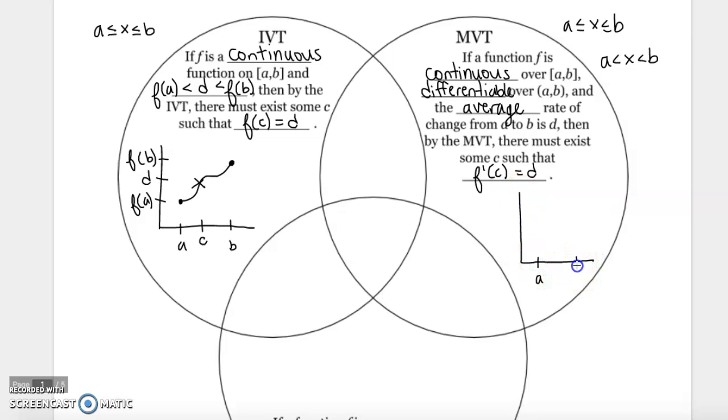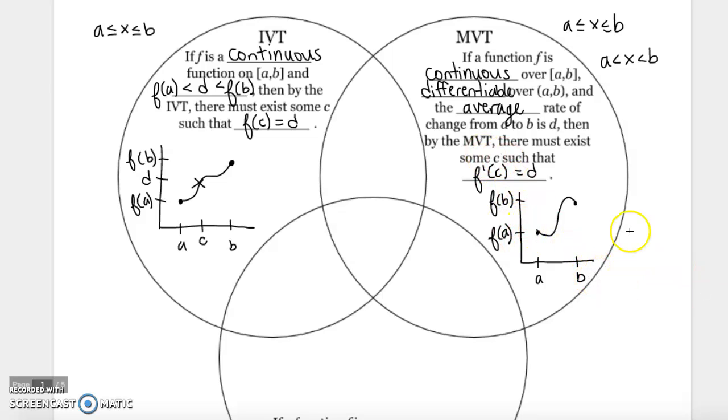So I have a, I have b, and then let's say I have some function that does this. Here is f of a, here is f of b.